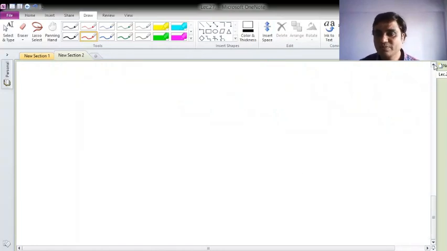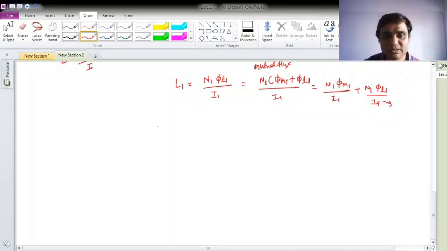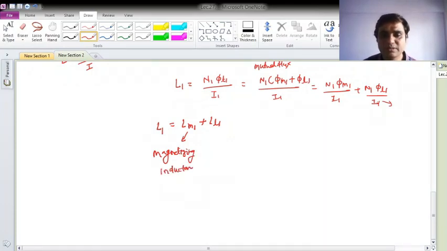With this, let me define the two inductances. We can have two terms in the self inductance. One I will define as LM1, which is called the magnetizing inductance, and this will be your leakage inductance. So the self inductance can be divided into two, the magnetizing inductance and the leakage inductance.